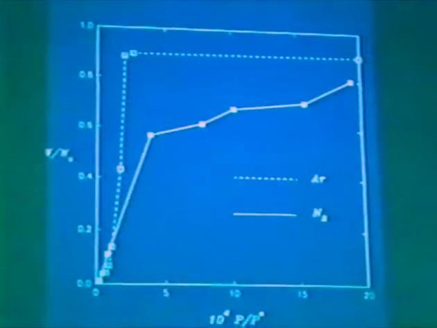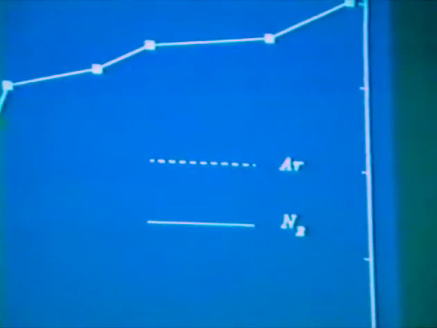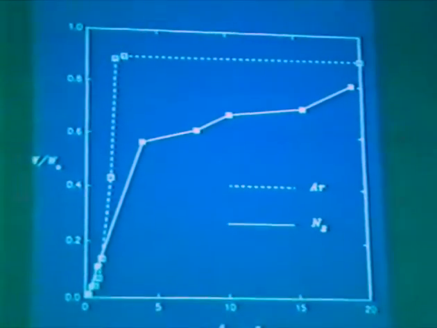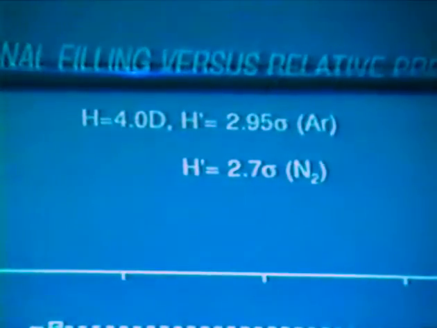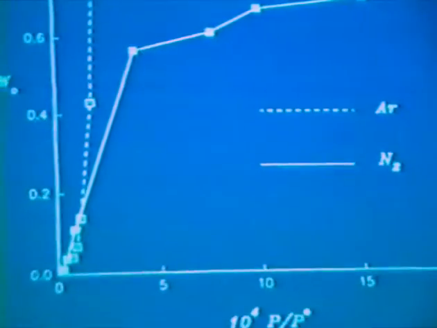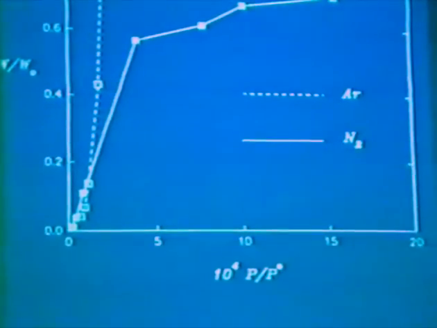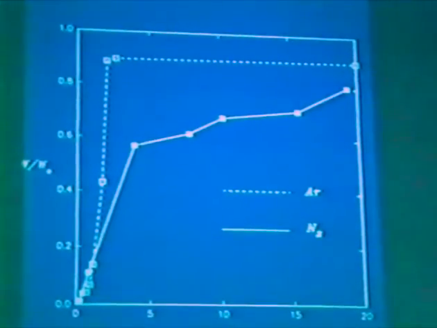Next one. This is, again, a comparison between the two adsorptives, argon and nitrogen in the 4D pore. You can see that now, in the smaller size, the point at which filling takes place is more or less similar, but you can see the difference again between argon and nitrogen, this very slow region up to complete filling for the nitrogen.